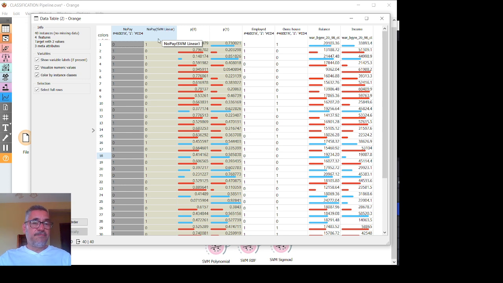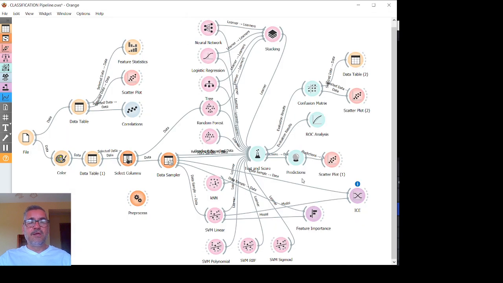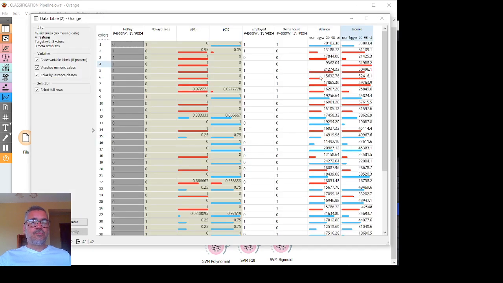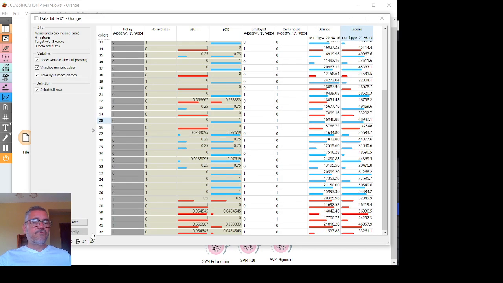Again, these are the results only from the support vector machines with the linear kernel, because in the confusion matrix I selected this. If I select, let's say, the tree, I have different numbers here, and now I can select and send to the table and the graph the misclassified from this one. Now I have 42 misclassified observations.